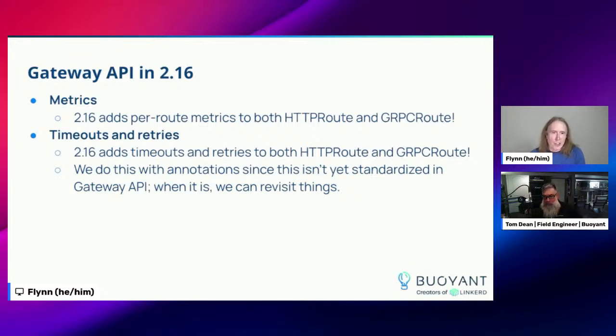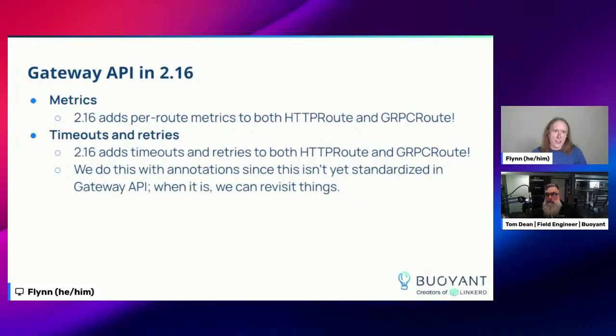There's an experimental retry thing that we're working on for HTTP route for Gateway API 1.3, 2, I don't remember. The next thing for Gateway API. But everything I was just talking about there, almost all of that is experimental. So we decided we'd just do it with annotations.